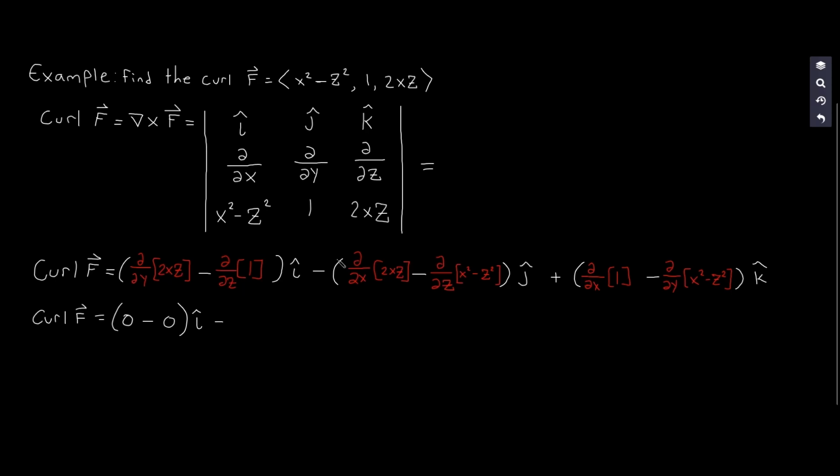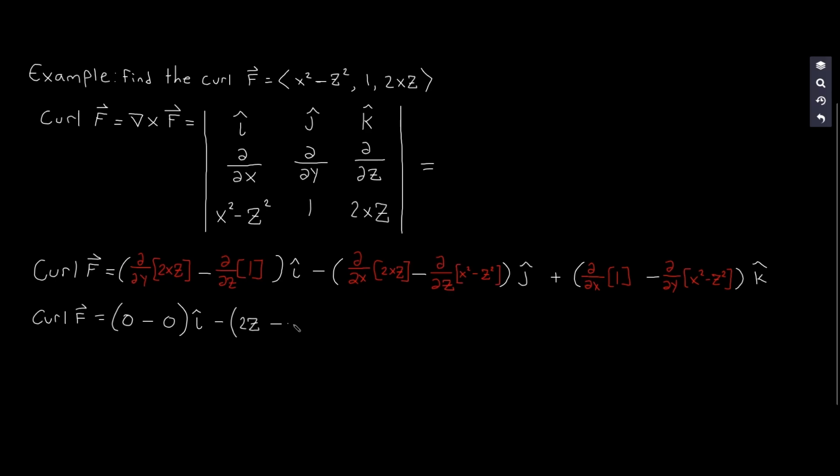From that, we will subtract what we get when we take the partial derivative of 2 times x times z with respect to x. Now, 2 and z are constant multiples, and z is getting treated like a constant. The derivative of x is 1, so we're going to have 2 times z times 1, which is going to give us 2z, I think.